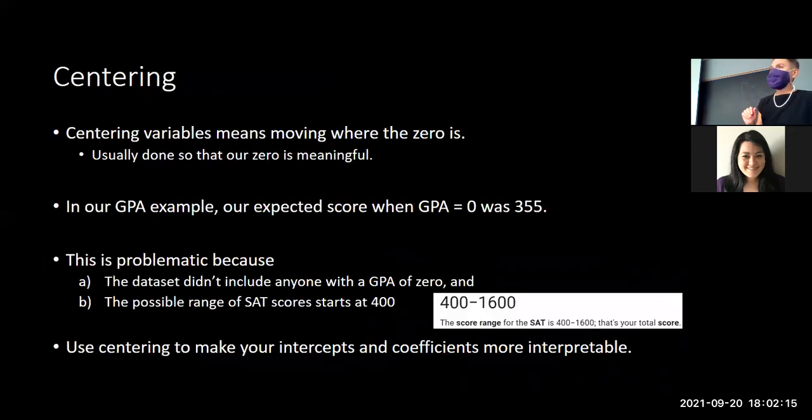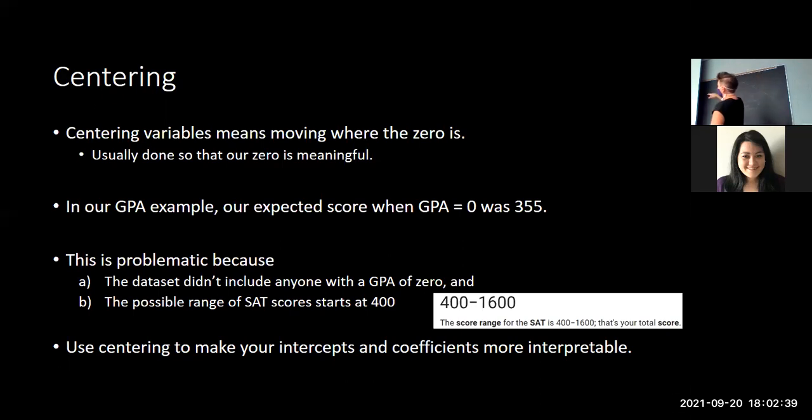What about with continuous variables? Honestly, it's the same idea. Remember how before I had 1 and 2 and I just subtracted 1 from everyone? Now I have a continuous variable. It's still just moving where the 0 is. In our GPA example, our expected score when GPA was 0 was 355.